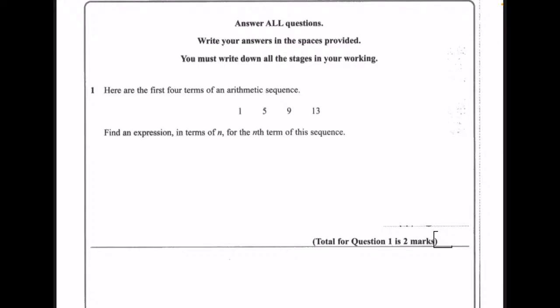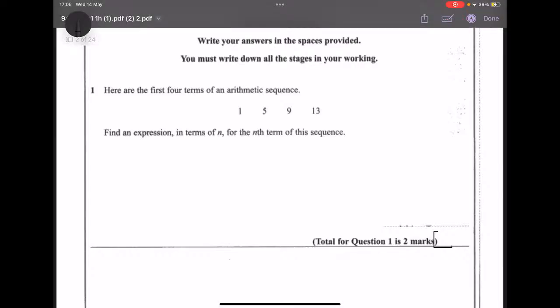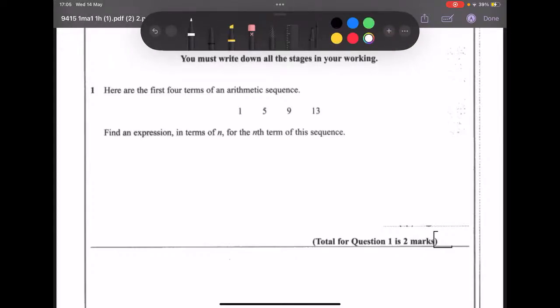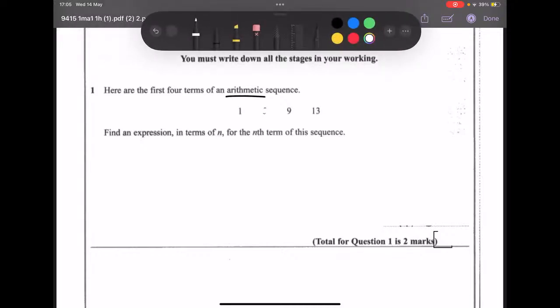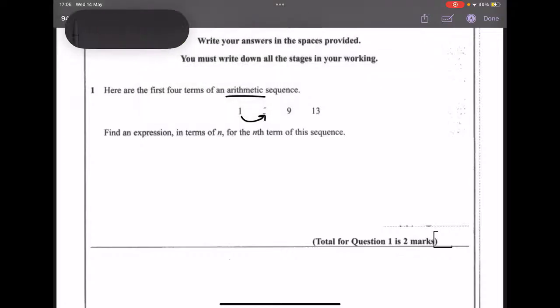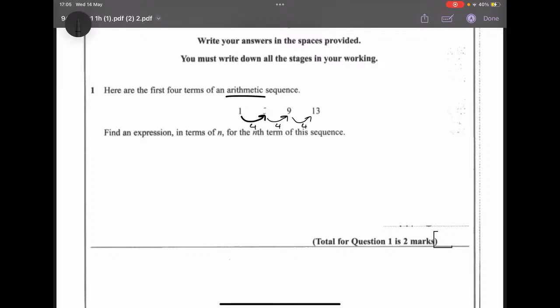So the first question is about arithmetic sequences. As you know, if it's an arithmetic sequence, you look for the gap between each term. As we can see, over here it's a distance of 4, so that means our nth term is going to be 4n plus or minus x.